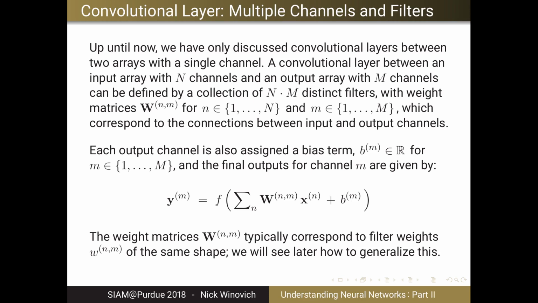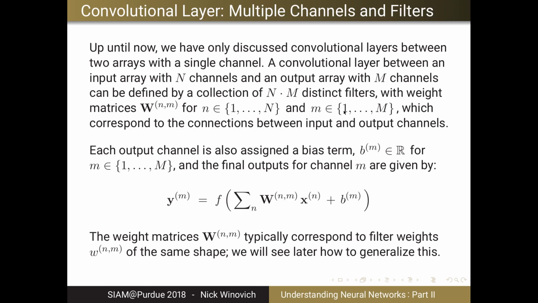So we may want many different filters, and we want to extend the notion of convolutional layers to this situation. And what we can do is quite simply connect, much as is the case in the fully connected layers, each layer of the input with each layer of the output. Okay, so we'll have a separate collection of these filter weights for each input channel and each output channel.